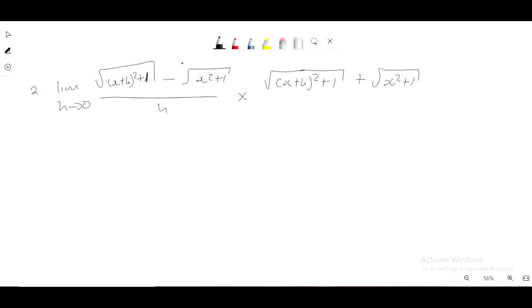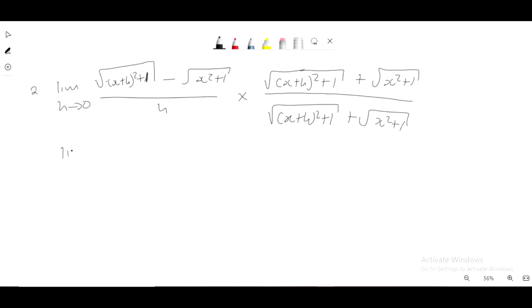I put plus because there's minus, and I'm aiming to have a result of a difference of 2 squares, right? So I must do the same thing even here: plus the square root of x squared plus 1. Okay, so now this multiplies by that.